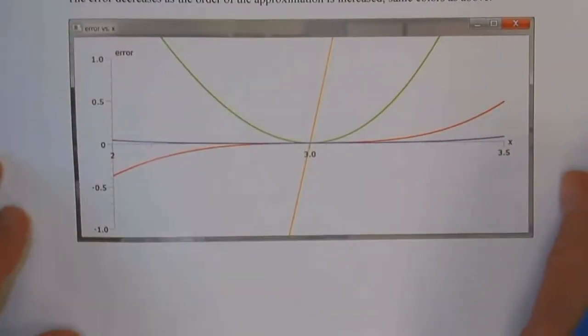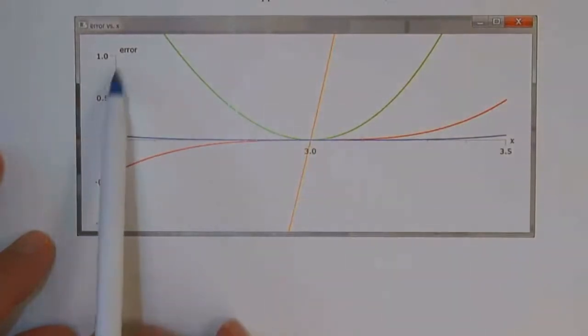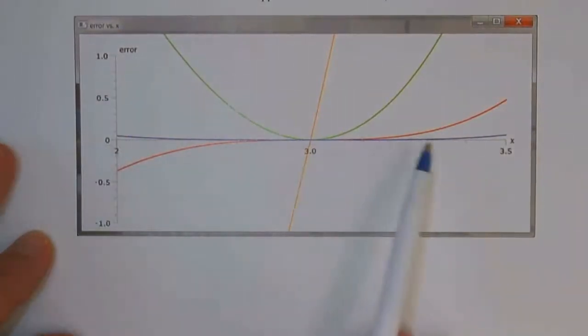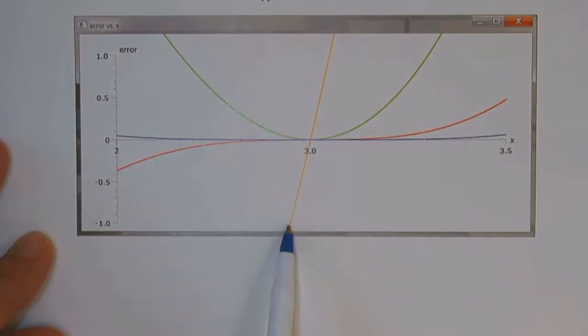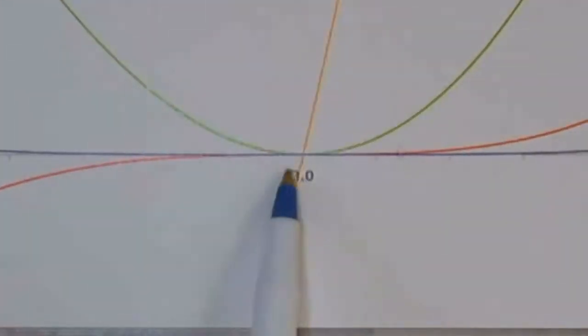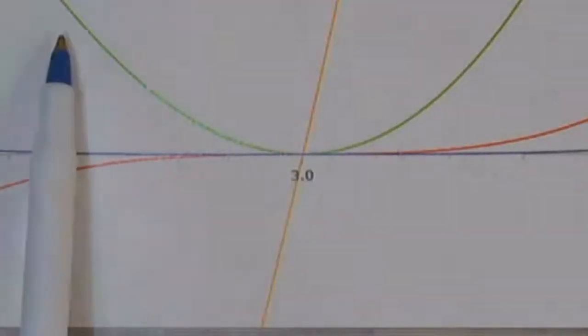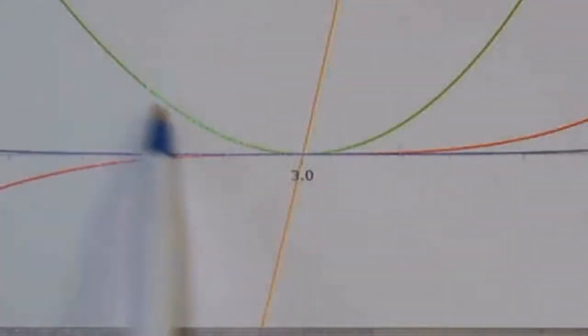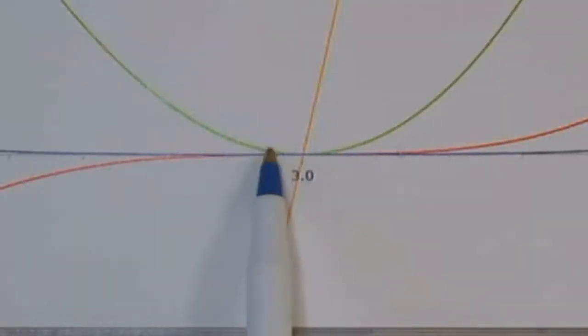And so we can look now at a scale of the error just on the order of 1, a factor of 10 higher. And here we can see that the constant approximation really does very poorly. It almost approximates the function nowhere on this scale except for the exact point x equals 3. The linear approximation, shown in green, has a smaller region of validity, so maybe if I were working just around 2.9 to 3.1, I could use my linear approximation.